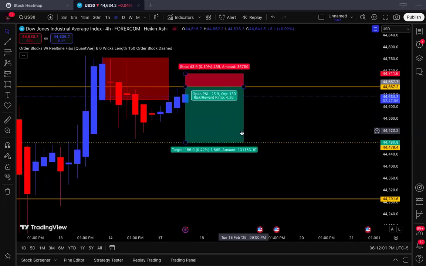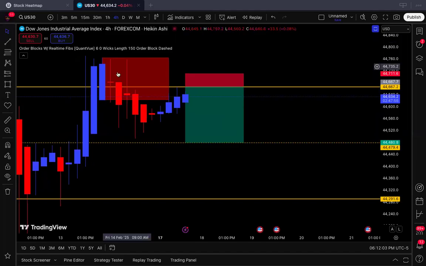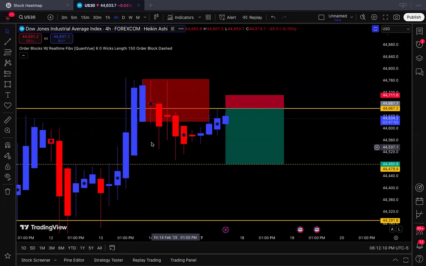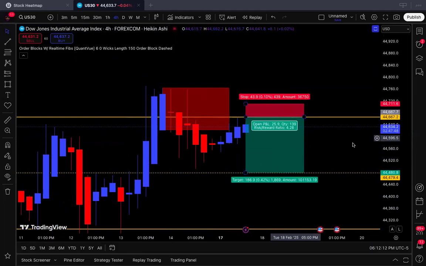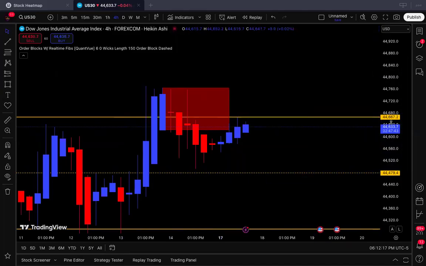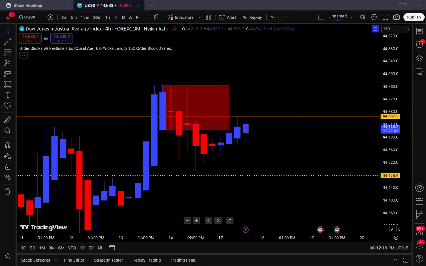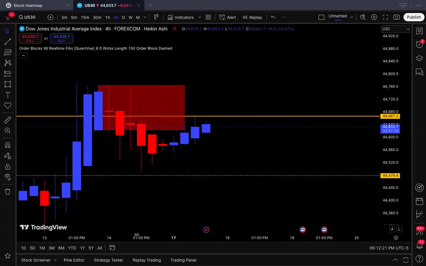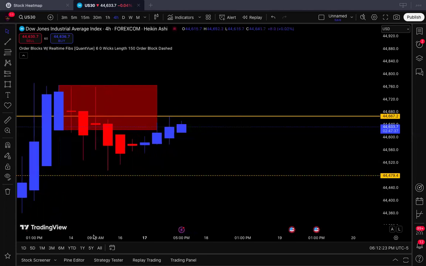Now we're already showing like this order block already started because we already see a retest inside this order block. If you look inside the order block, let me move this so that no one gets confused. But if you look inside this order block here, price already retested a high. You see?